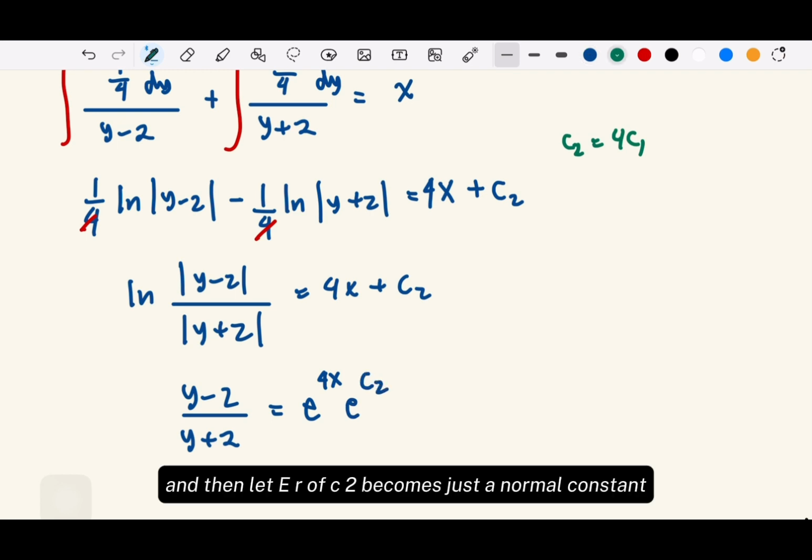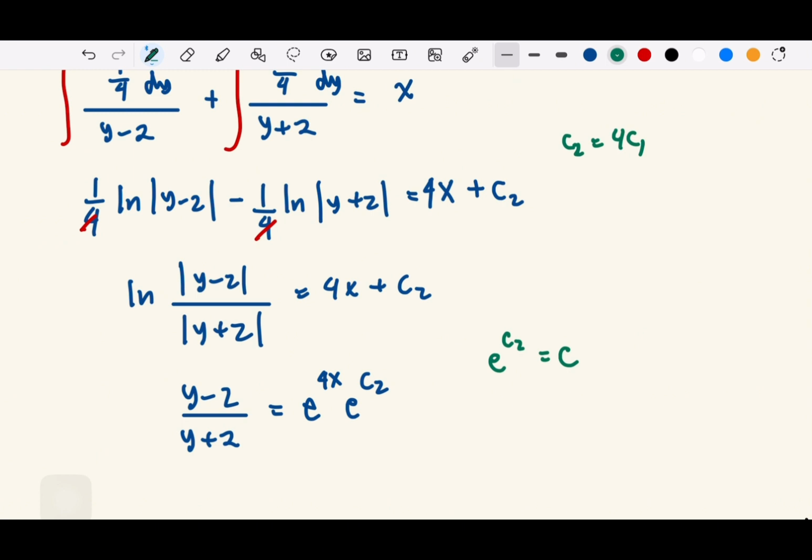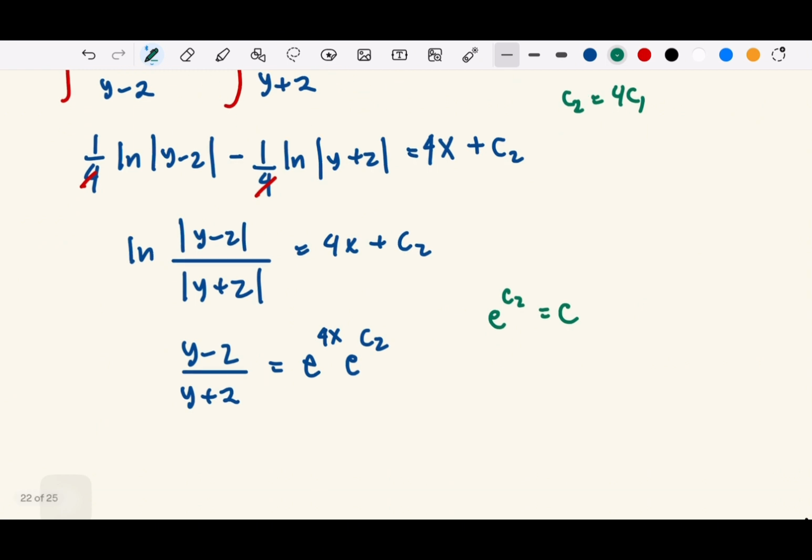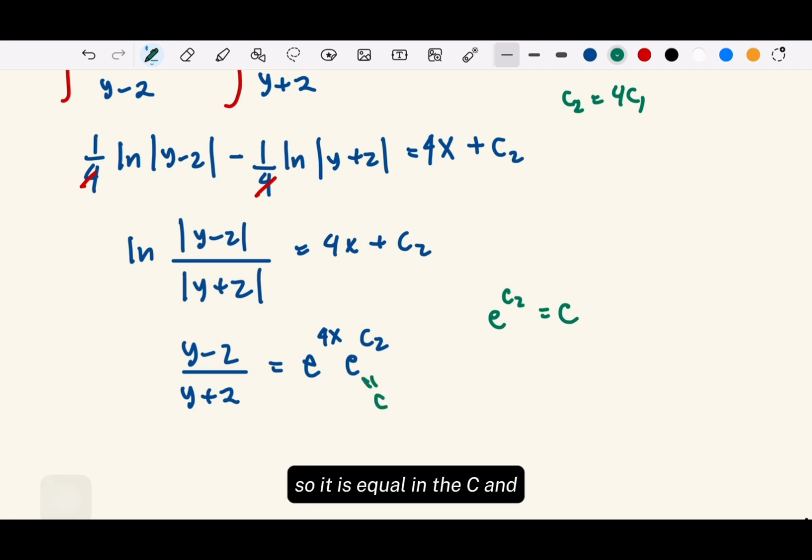And then let e to the power of c2 become just a normal constant, so it equals c.